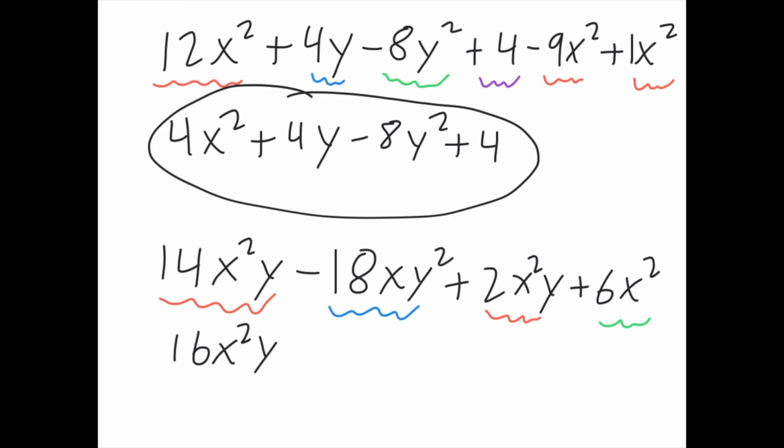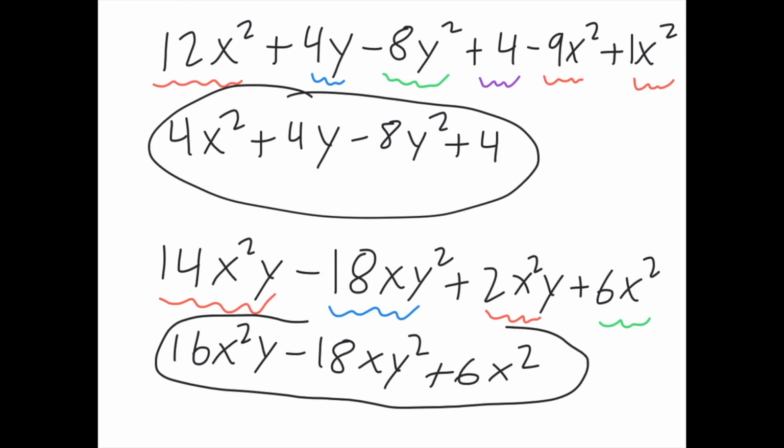And then everything else drops down because there's nothing adding to them. So minus 18xy squared plus 6x squared. And it doesn't look very nice, but that is our final answer.